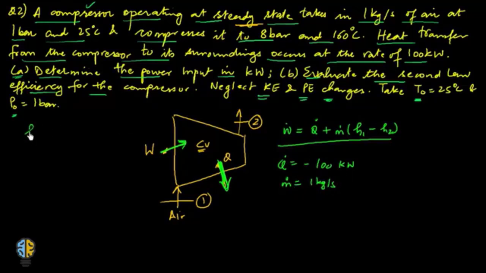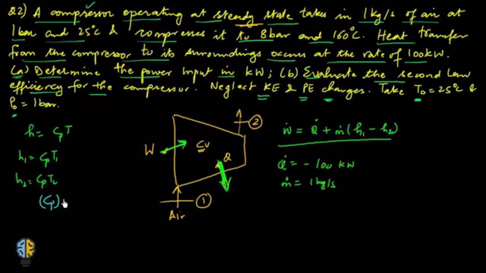Next, the mass flow rate is 1 kilogram per second. We know the enthalpy is Cp into T, so h1 would be Cp into T1 and h2 would be Cp into T2. Because we are using air, the value of Cp might not be given to you, so you need to remember it.